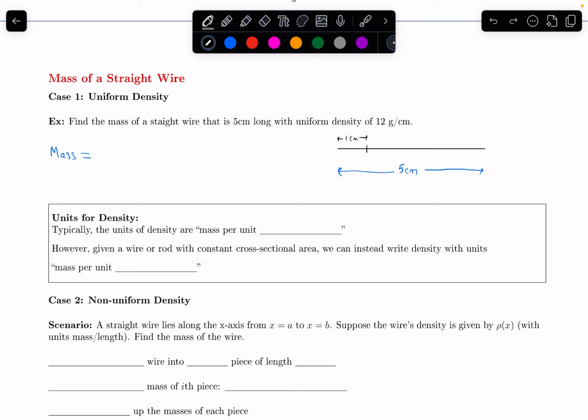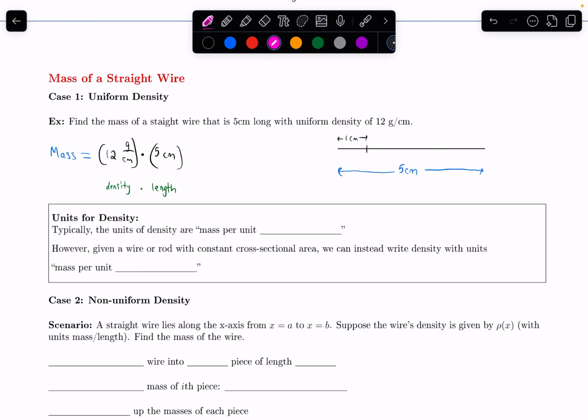And the next one's going to have 12 grams and so on. So if I want to calculate the mass, we have to take the density and multiply it by the total length. I'm going to write that underneath. We take the density and multiply it by the length. The density here is 12 grams per centimeter multiplied by the length, which is 5 centimeters.